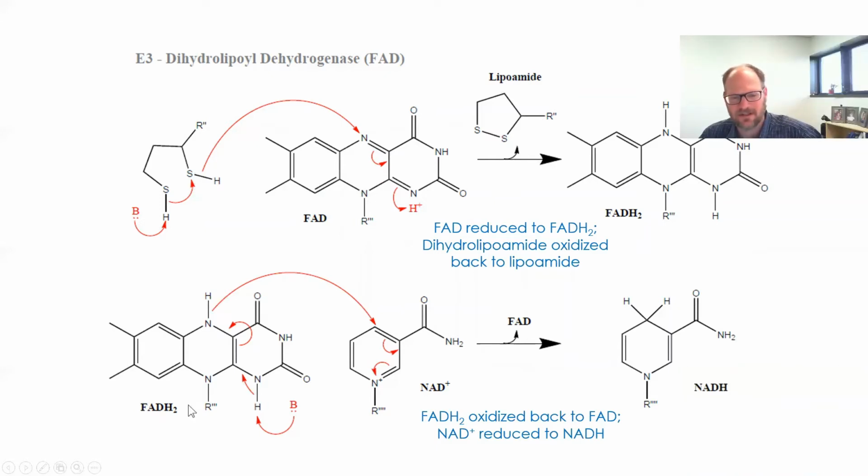It transfers its electrons back onto NAD, and this happens by a base abstracting this proton, resonating to here, which ultimately kicks this hydride off, which is then added onto NAD, similar to the reaction we saw in the lactate dehydrogenase mechanism. And then that resonates down to here and is stabilized with the electrons sitting on a lone pair on this nitrogen. That ultimately makes our final NADH.